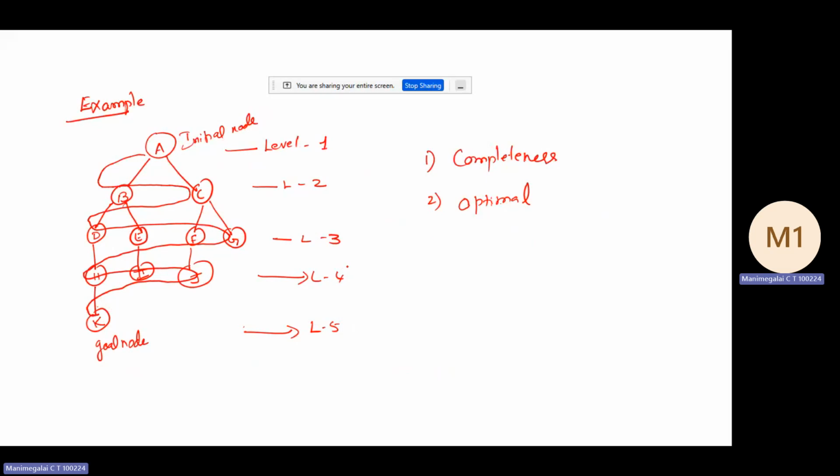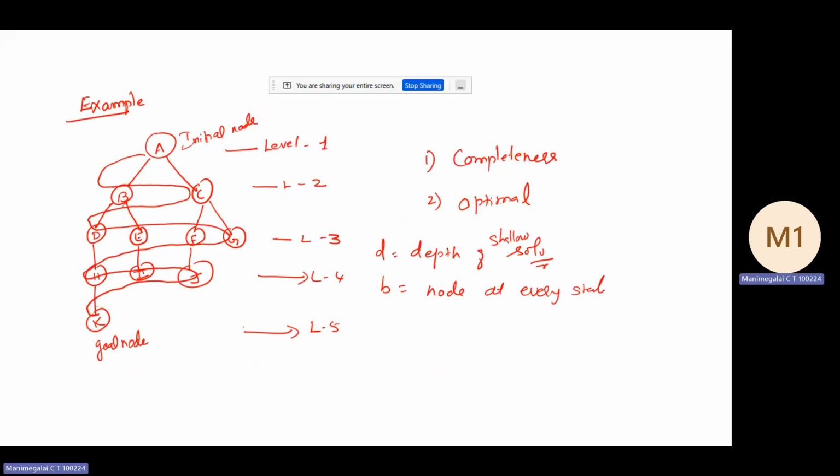So time complexity, if you are to determine time complexity, you assume D is equal to the depth of the shallow solution, and B is the branching factor, the number of nodes at every state.